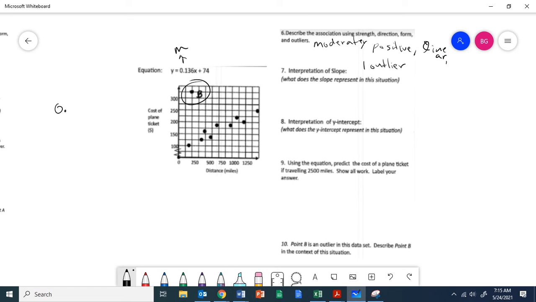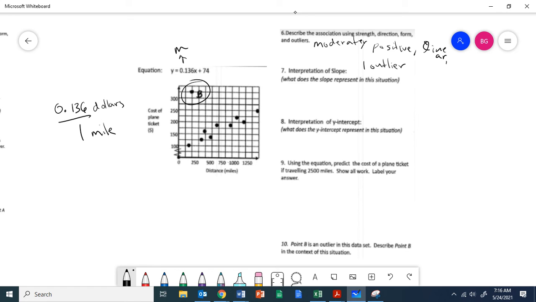I have 0.136 over 1. The change in y is the 0.136, which is our cost of plane ticket, which is in dollars. So I'm just going to say $0.136. And then it's going to be over 1 of the distance in miles. So I'm going to say over 1 mile.